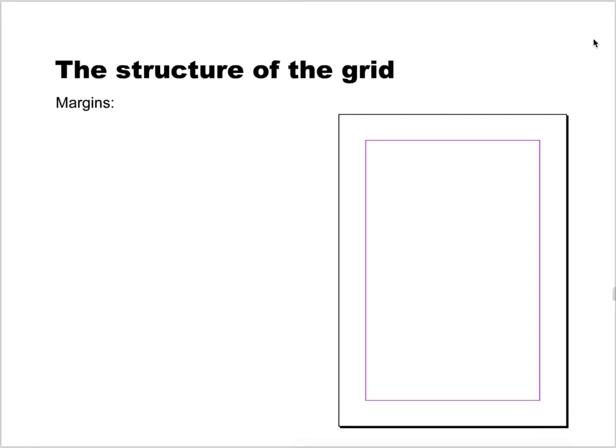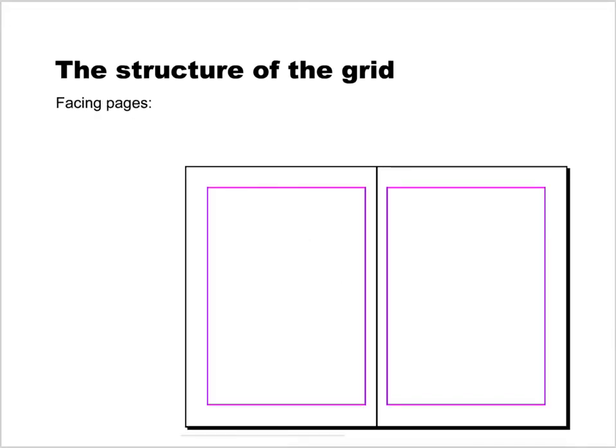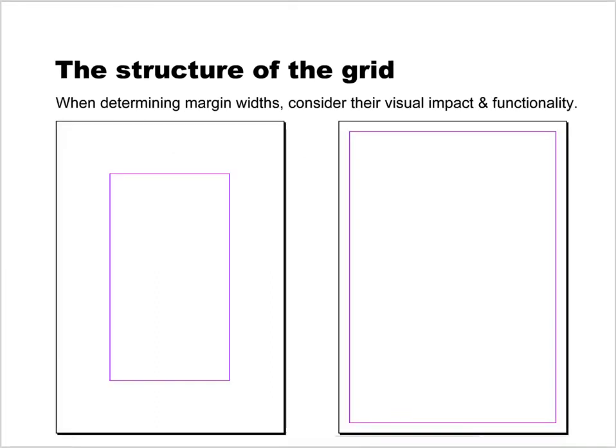So the structure of the grid. We're looking at some fairly simple examples here: margins, top edges and bottom edges, right and left. Once again, an InDesign kind of view. Facing pages, we've got the inside edges there that are, in this example, pretty much the same width as the outside edge. I'm not sure if that's not a little bit unusual.